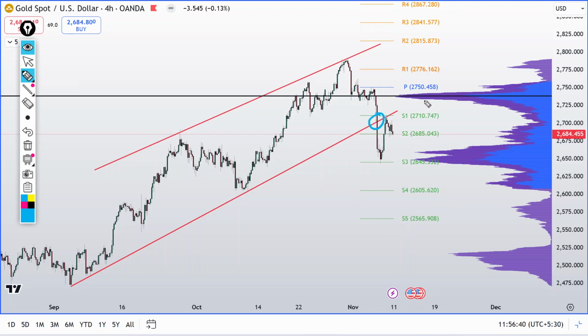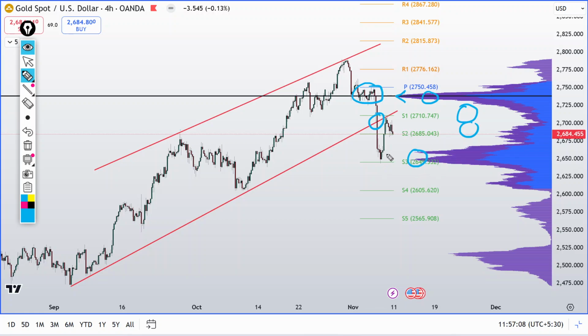After the breakdown from here, previously the gold price was trading near this high volume area, right over here. After breaking down from here, you can see we do not have any major support on the lower side, and the gold price took support on this major support area, which was around 2645.